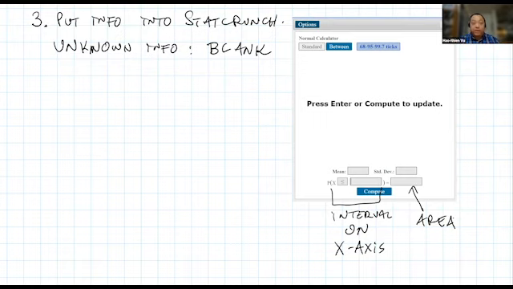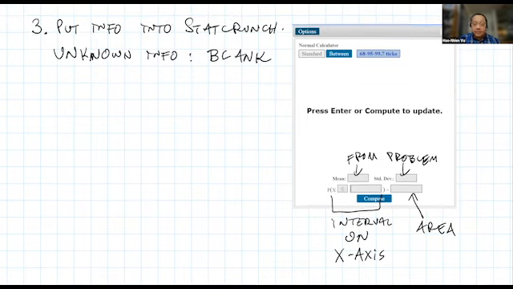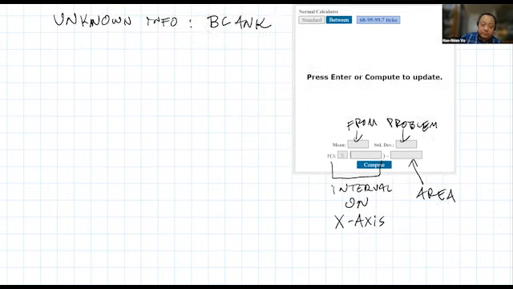The way the questions are asked, there will be one number or the other is unknown. Fill in the number that is known. And the mean and standard deviation come from the problem. So those two blanks up there are never blank. You always have a number to fill in for them. It's the two boxes on the last line that one will be filled in and the other will be left blank. And then you click compute and it'll compute the remaining blank for you.